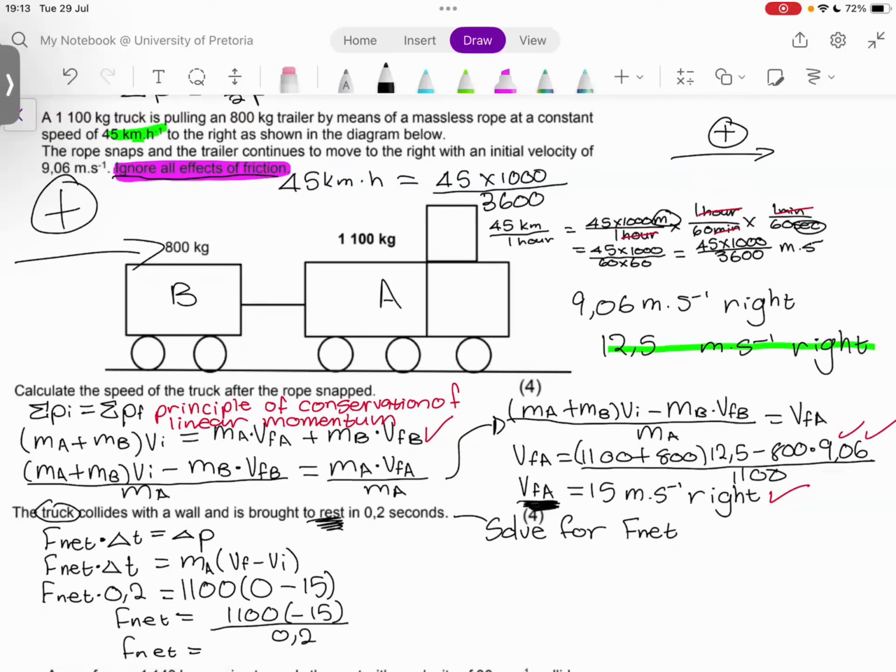That then gives me an answer of minus 82,500 newtons, which is the same as 82,500 newtons left.